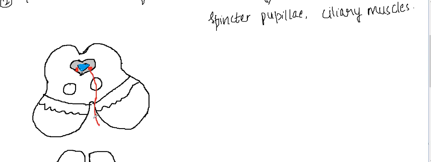It is running in the interpeduncular fossa, and then it is coming out and runs forwards like this. Now once it has gone forwards, it will cross two arteries. I have drawn one artery with red color, so I have to draw the arteries with another color. This is one artery and this is the second artery.